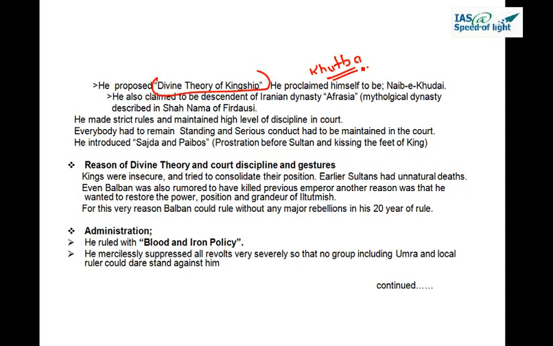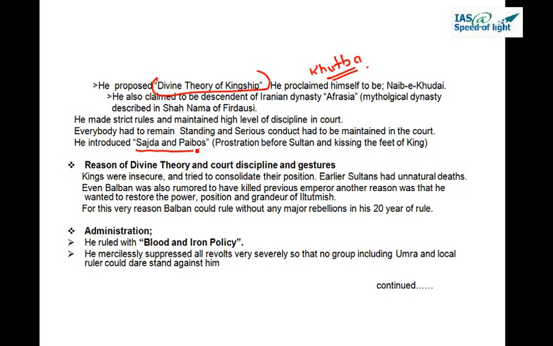He even refused to laugh and joke in the court, and even gave up drinking wine so that no one could see him in a non-serious mood. We have seen he also insisted on the practices of sajda and paibos, so that no one, including the nobles and his relatives, could stand in front of him.